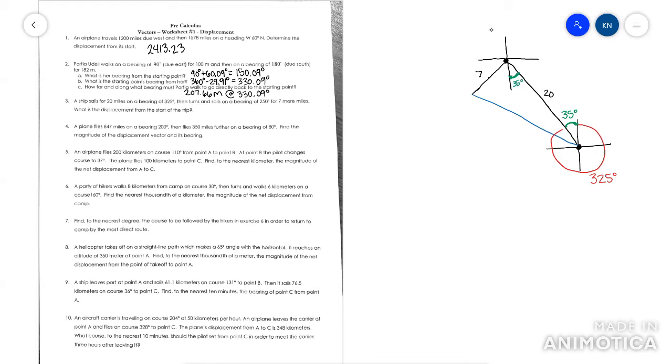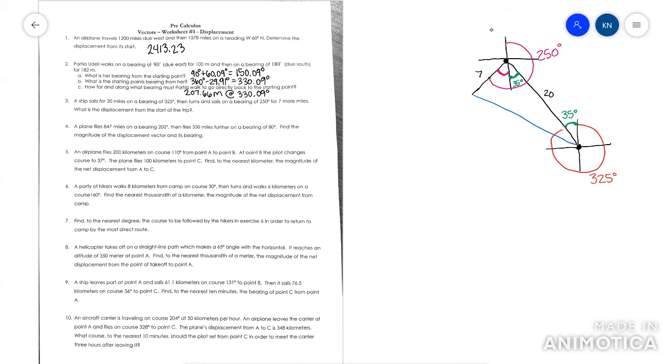Now I just need to find this pink angle, because if I could find that, I could add these up and have this total angle. To find that pink angle, you have to remember that this line right here, this one that we drew, was at a bearing of 250 degrees. That means we did all of this and it was 250 degrees. This right here is my 180 degree marker.